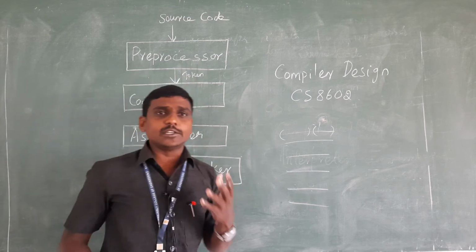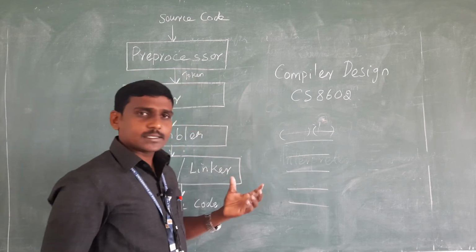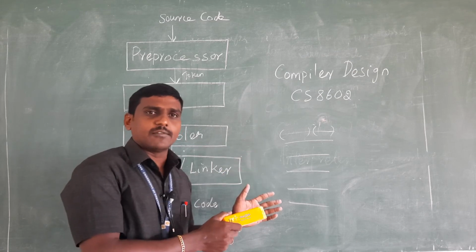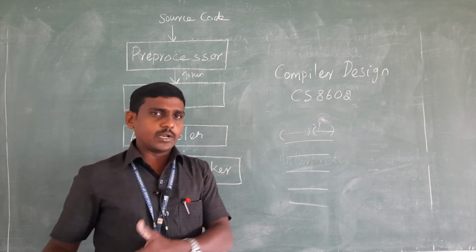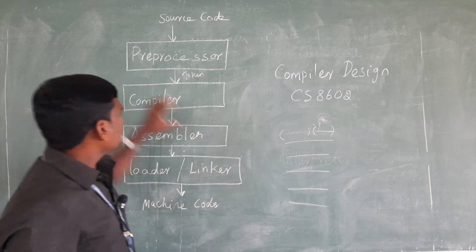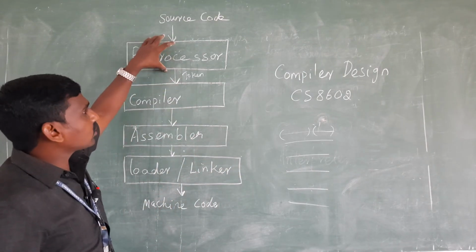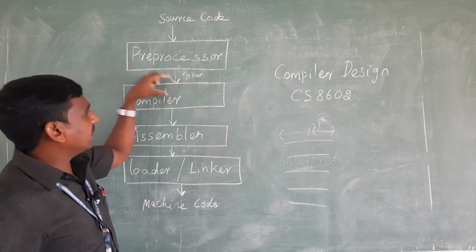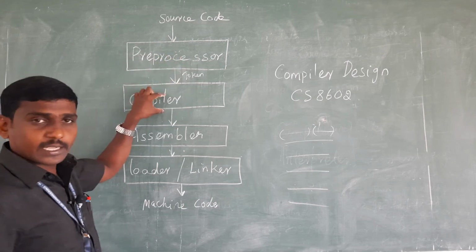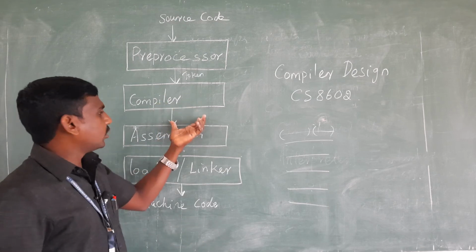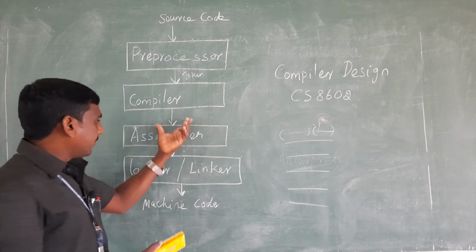I told you the duty of the compiler: to convert one level of program, the source program in English level, into another level of program, that is the machine level program. The preprocessor creates the tokens, the tokens are given as input to the compiler, which converts one level of program into another and gives it to the assembler.